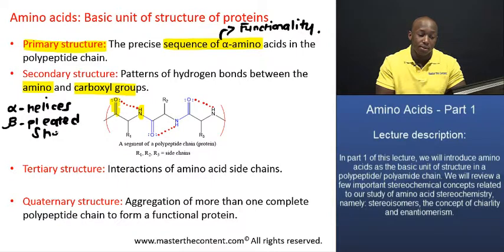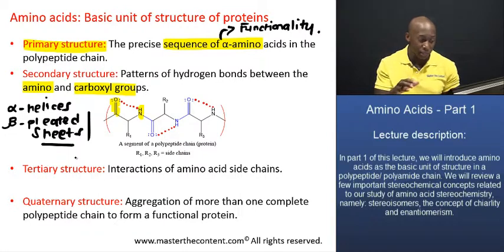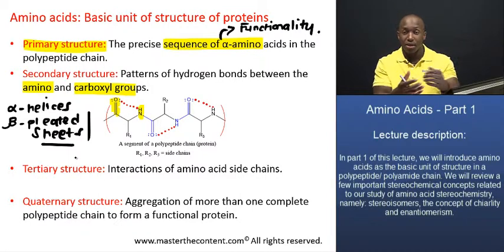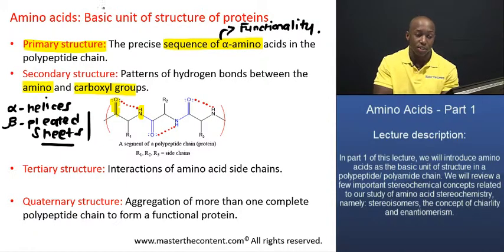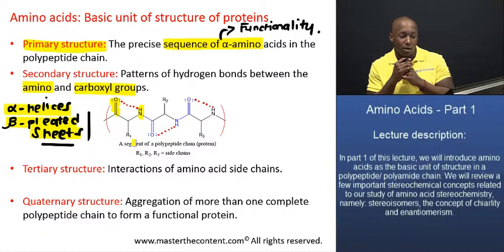That's what the secondary level of organization is going to look like. Hydrogen bonding in the backbone of that chain will lead to conformational changes, specifically the generation of alpha helices and beta pleated sheets that will affect the conformation of the structure of that protein.